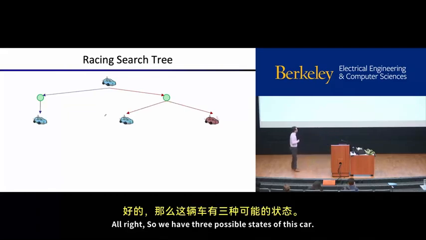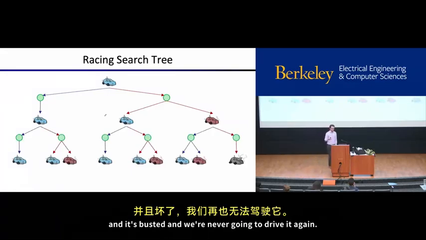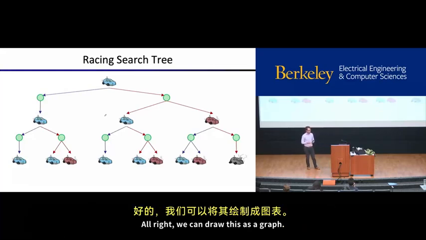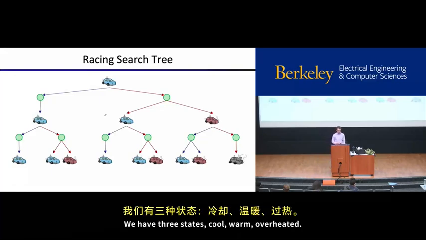Okay? And that's it. No, there's more in the tree, right? We can keep going. So if we keep going from the cool state, we have the same tree as before. If we keep going from the warm state, we take the slow action and we get back to those same two outcomes, equal probability. But if we go fast from the warm state, we overheat and our car breaks down and it's not great. Okay?